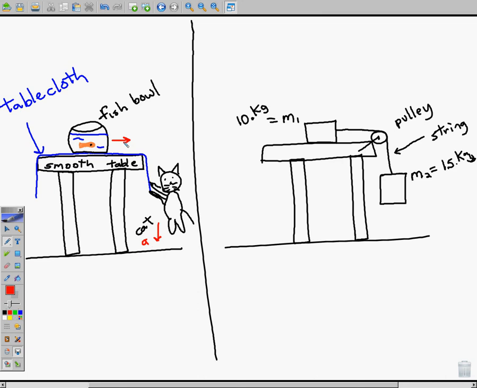Since the tablecloth connects the two together, if the cat is accelerating downward at a certain rate, the fishbowl is accelerating to the right at the same exact rate. So on this diagram, we're trying to find out how fast M2 is accelerating downward, which is exactly equal in magnitude to how fast the mass up here is accelerating to the right. So one of our questions is, what is this acceleration?